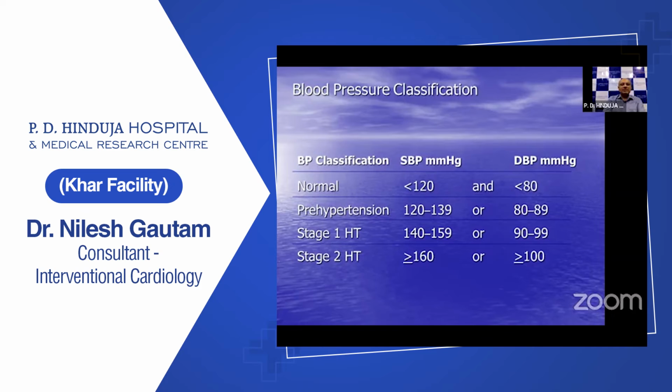Normal blood pressure is less than 120 by 80; 120 to 139 upper and 80 to 89 lower are the upper limit of the normal range. If your blood pressure is between 140 and 159 systolic, and 90 and 99 diastolic, you are stage 1 hypertensive. If you are more than 160 by 100, you are stage 2 hypertensive.